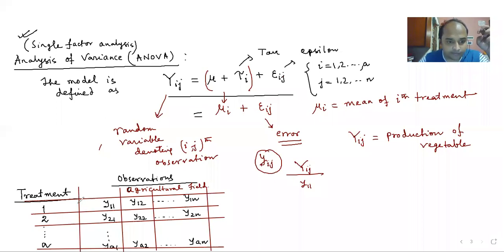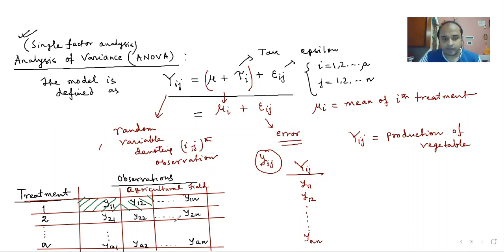In this cell, what is the production? That is your y11. In this cell, what is the production? That is your y12, like this. So all these values y11, y12 are the specific values for the mother variable, that is, production of vegetables. And the last one is yan.